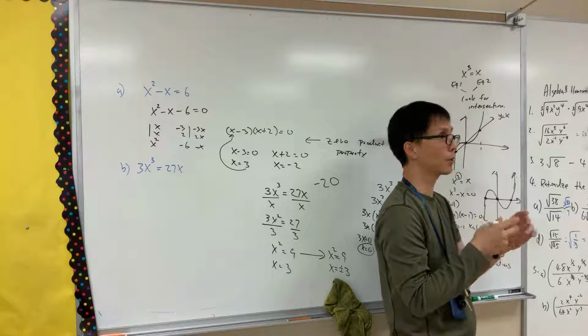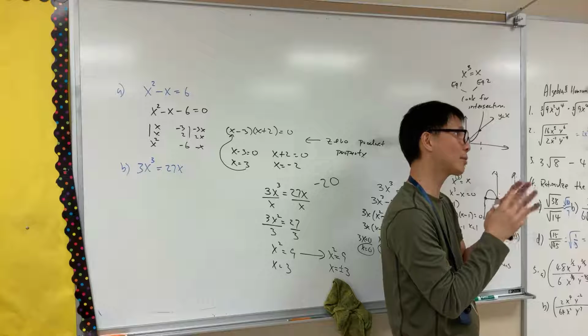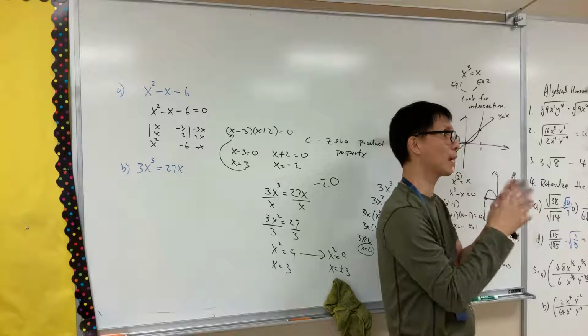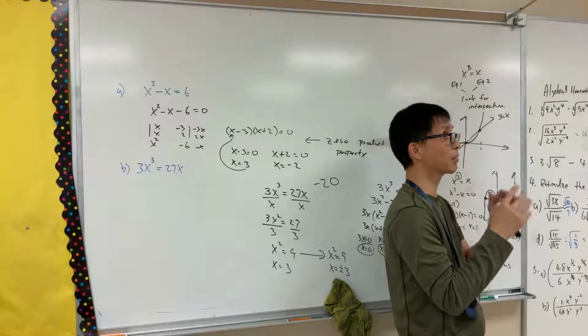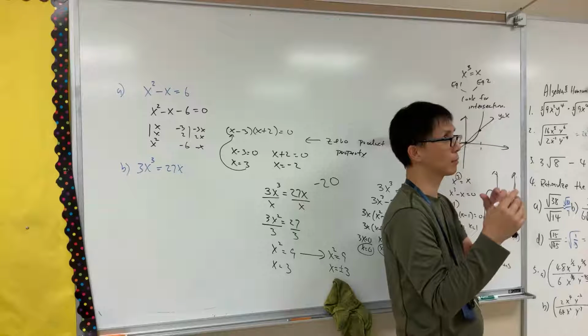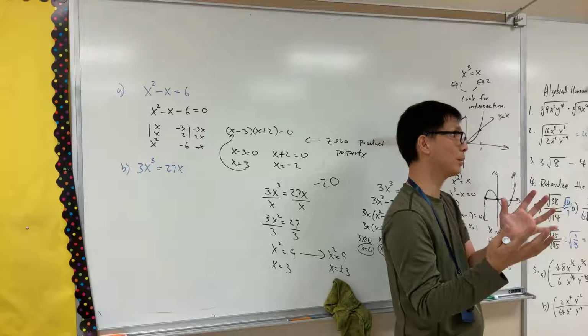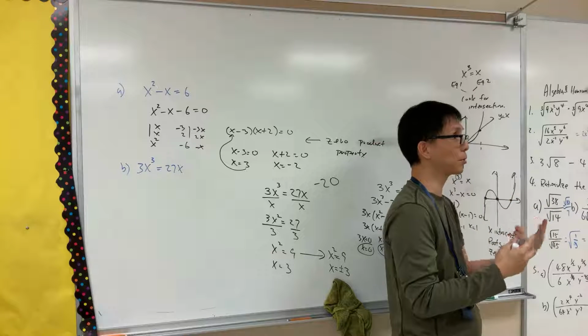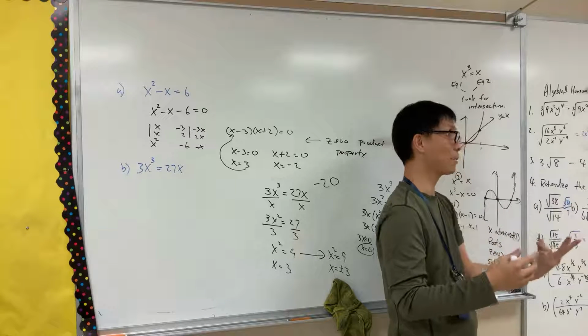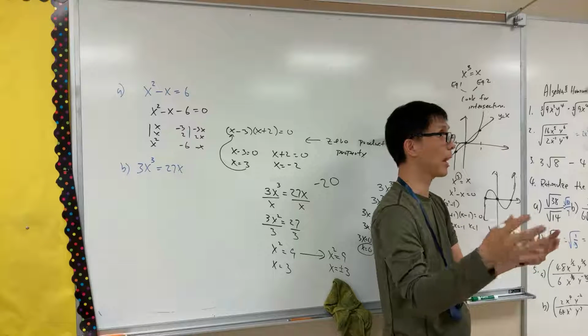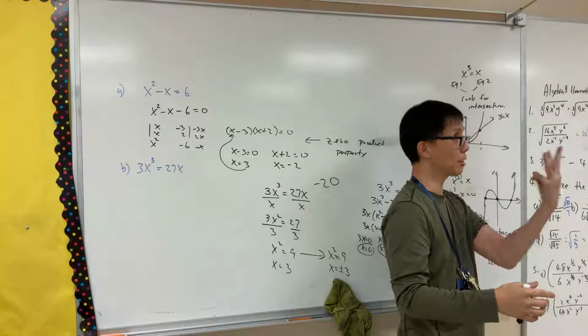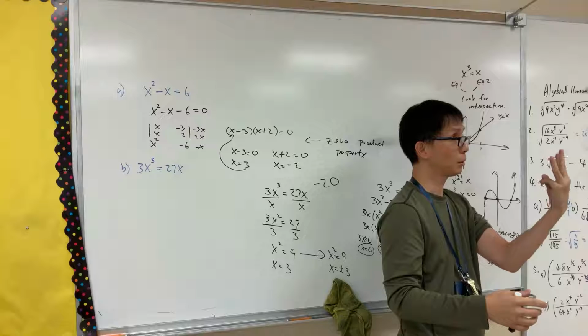Because x cubed minus 8 gives you x minus 2 times x squared plus 2x plus 4. That part I can use the quadratic formula to find the other 2 roots, but those 2 roots are imaginary, complex, something with i, plus minus, so they are still three roots.